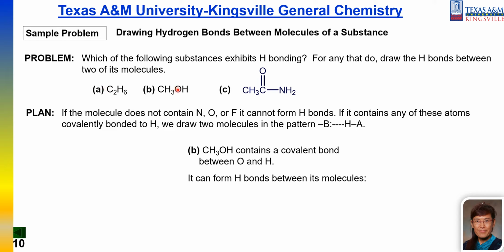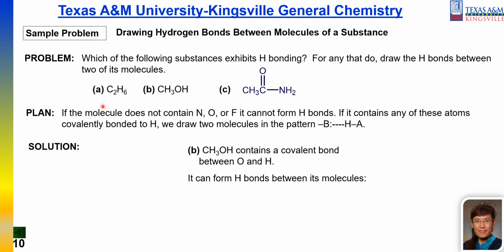And if you have nitrogen or oxygen, you also need to figure out whether the nitrogen or oxygen is covalently bonded to hydrogen. If they are covalently bonded to the hydrogen, you may consider intermolecular forces in this way. So this is one molecule with the electron lone pairs, and there's another molecule with an atom bonded with hydrogen directly through a covalent bond.